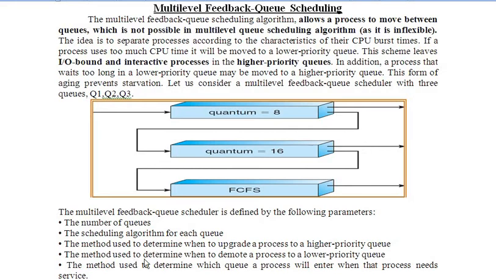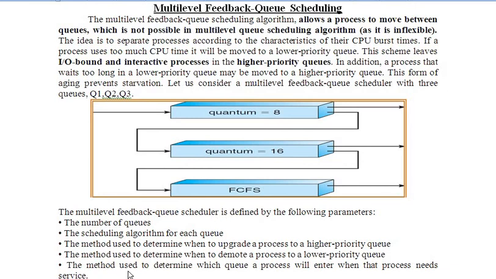The next is the method used to determine when to demote a process to a lower priority queue. Like the technique you are using to bring a process from higher to lower priority, some policies have to be defined. So that also defines the multi-level feedback scheduling algorithm.